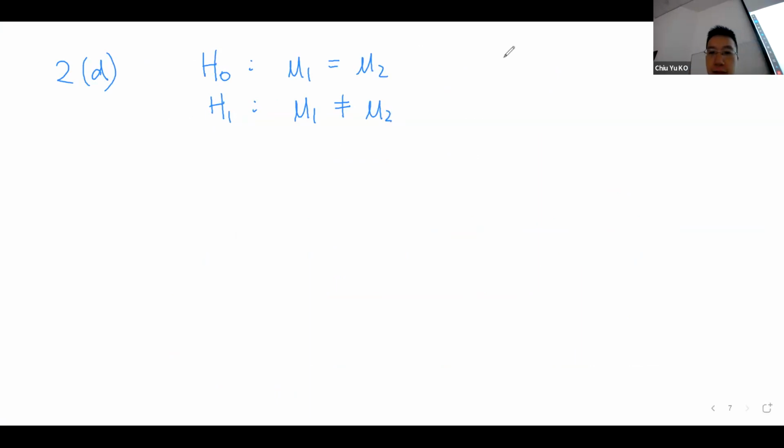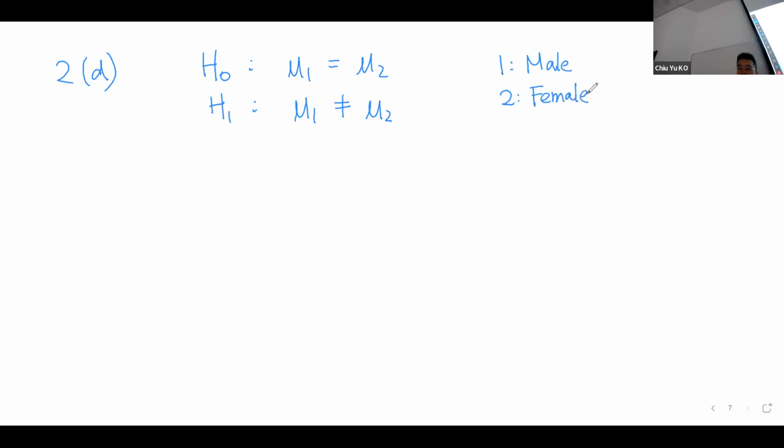So 2D. What you do is mu1 equal to mu2, mu1 not equal to mu2. Not equal is coming from the question, asking whether they're equal or not. You see, 1 is the male, 2 is female.